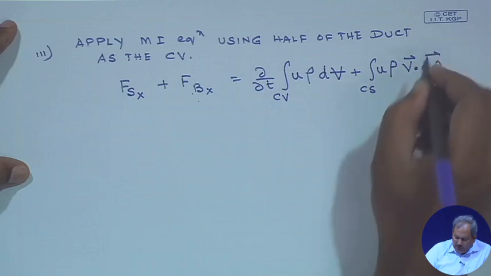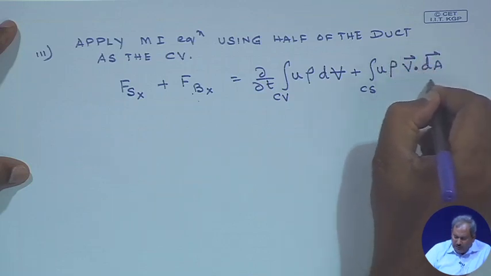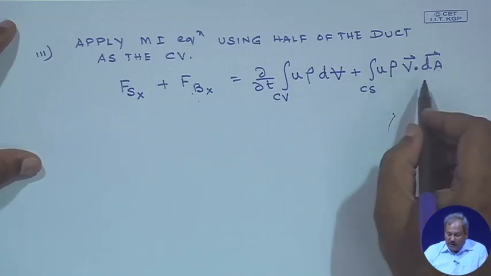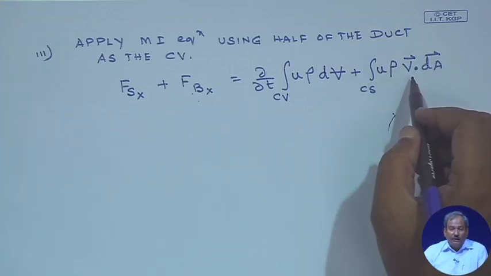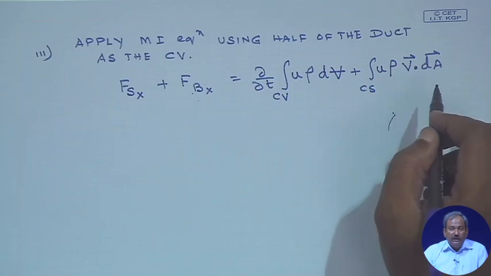V dot dA. So, rho V dot dA is simply the mass flow rate which is either coming into the control volume or going out of the control volume. According to the convention we have used, if you recall, mass coming into the control volume is always taken to be negative, and the mass leaving the control volume is positive, because the mass flow rate is the dot product of the velocity vector and the area vector.